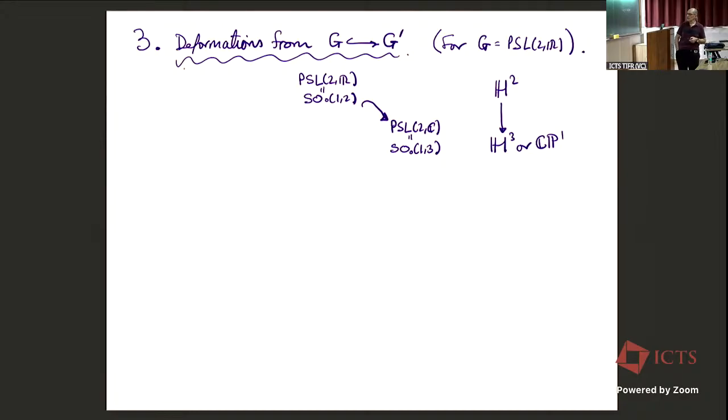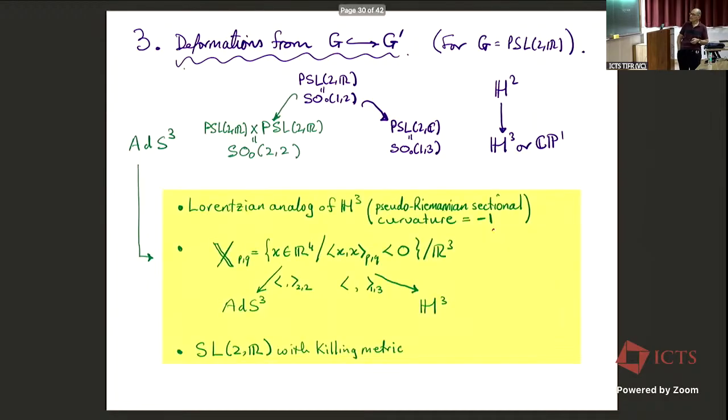So that's an alternative perspective that is useful. But now, instead of including SL2R in SL2C, or SO(1,2) in SO(1,3), you can also include these in SL2R cross SL2R, or from the special orthogonal point of view, that's embedding SO(1,2) in SO(2,2) rather than SO(1,3).